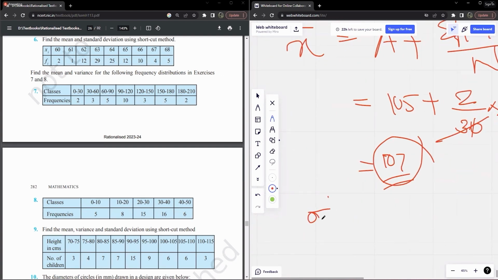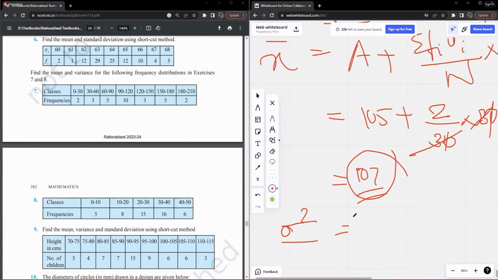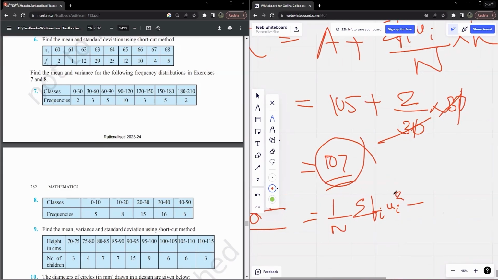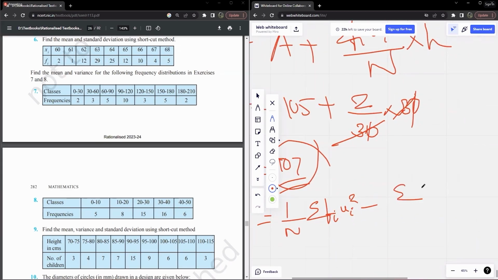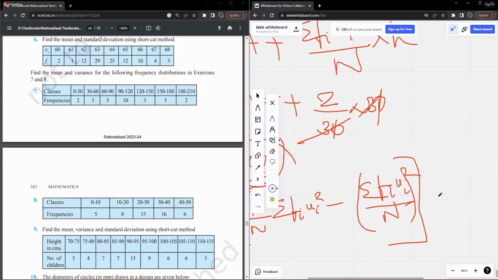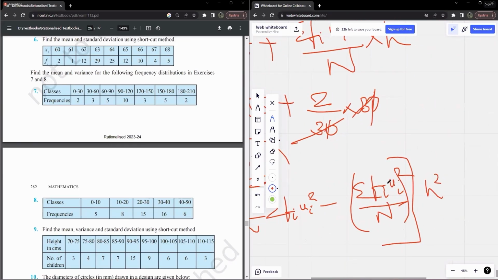That means the variance is going to be 1 by n times sigma of fiui squared, minus sigma of fiui divided by n, the whole squared, the whole into class width squared.